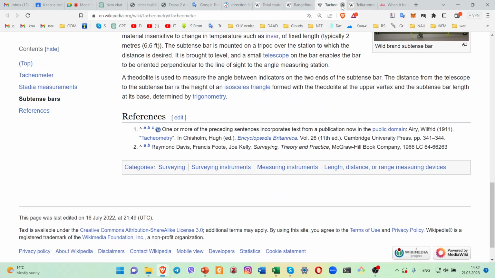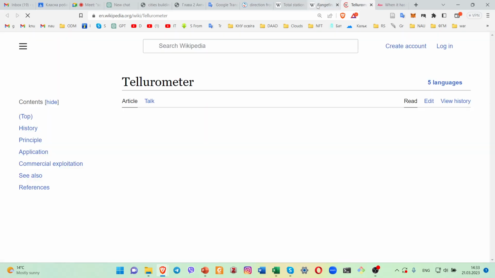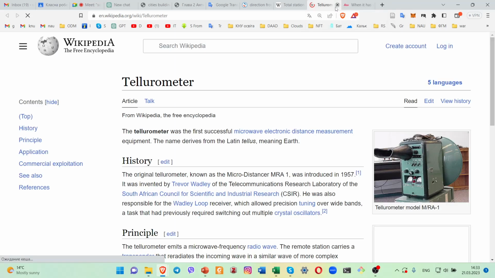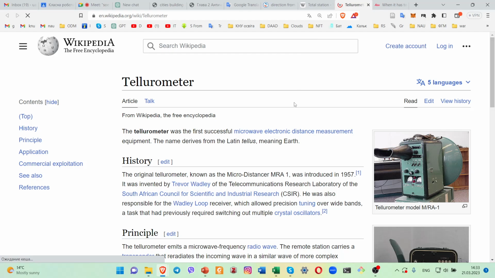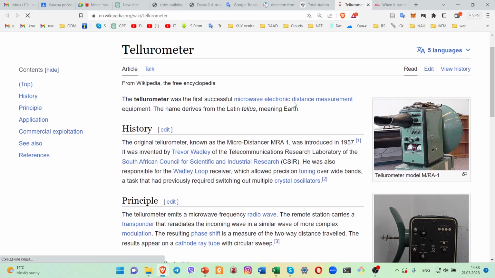And nowadays, the first radioelectronic equipment was the tellurometer. It was the first successful microwave electronic distance measurement equipment.